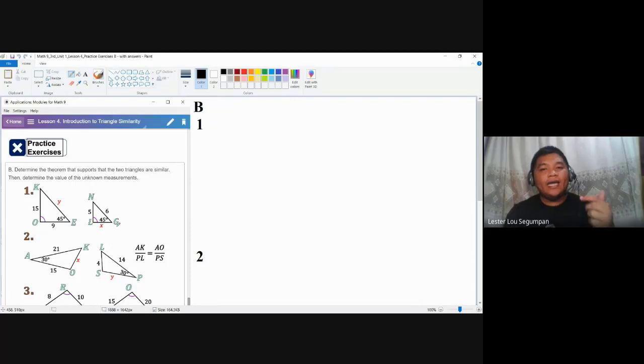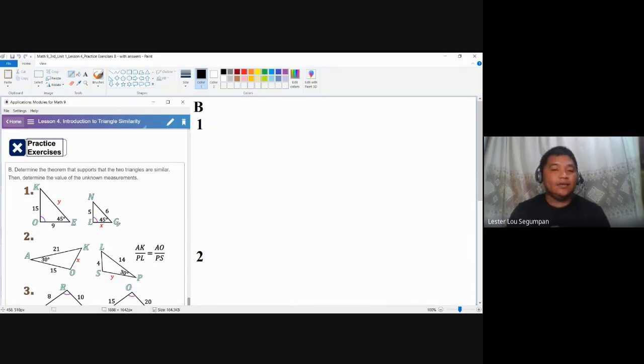So we have the AAA triangle similarity postulate, the triangle similarity theorem, which is actually just after the AAA, and then we also have the SAS and the SSS.